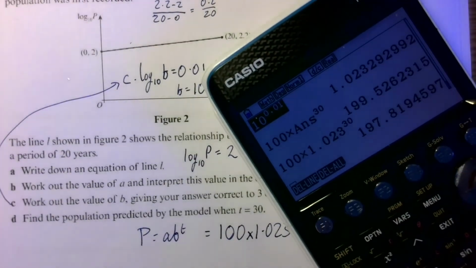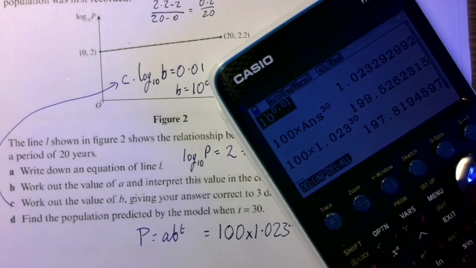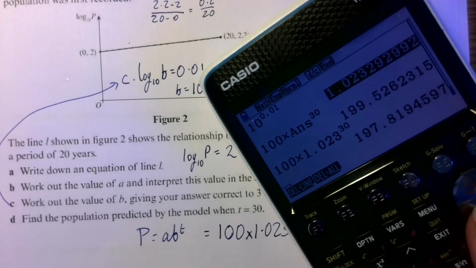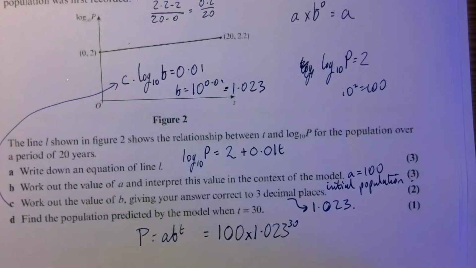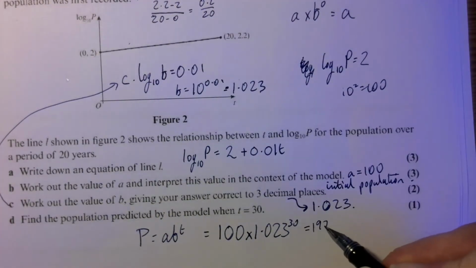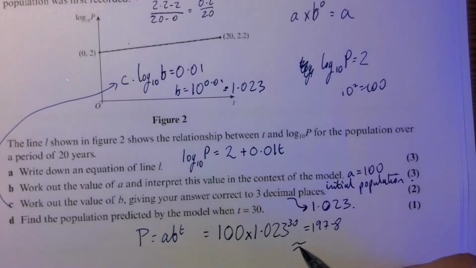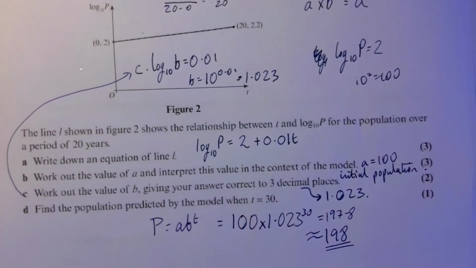Do that and you get 197.8. So if we're going to predict how many, we could say 198. Now, actually, they'd accept anything between 197 and 200, because if you put the exact value in there, you'd get 199 point something that would round to 200.